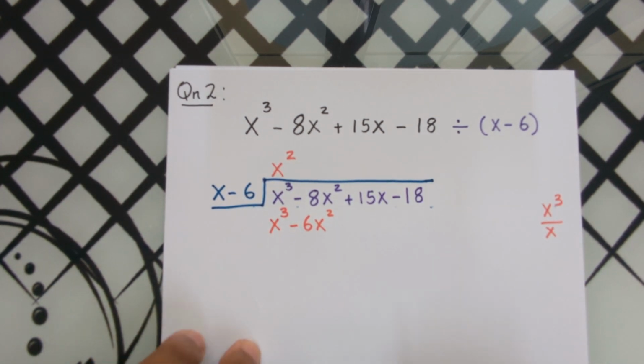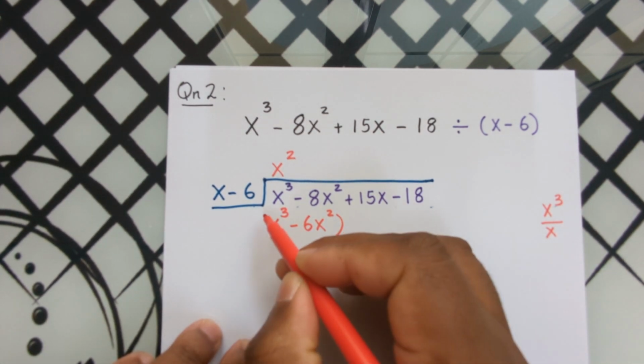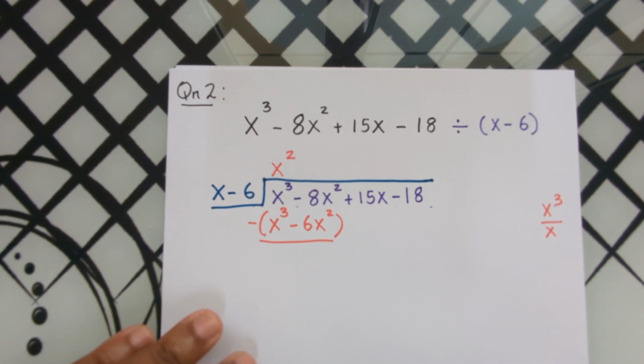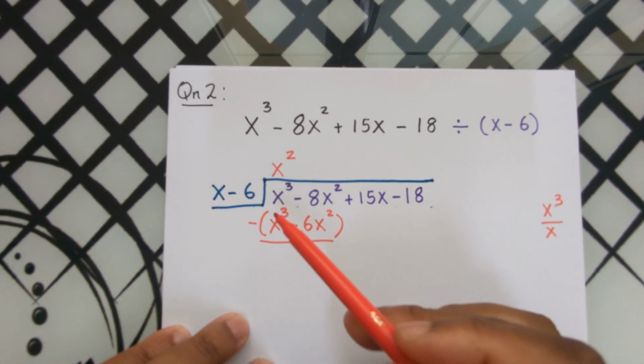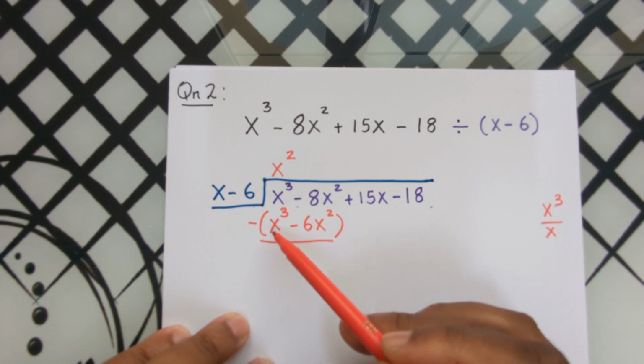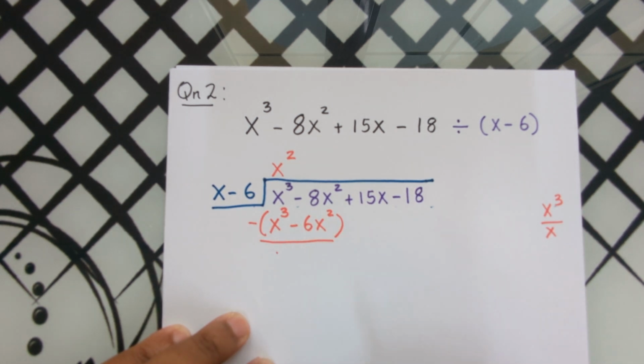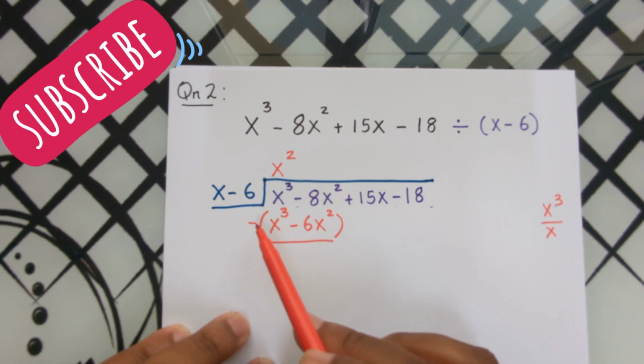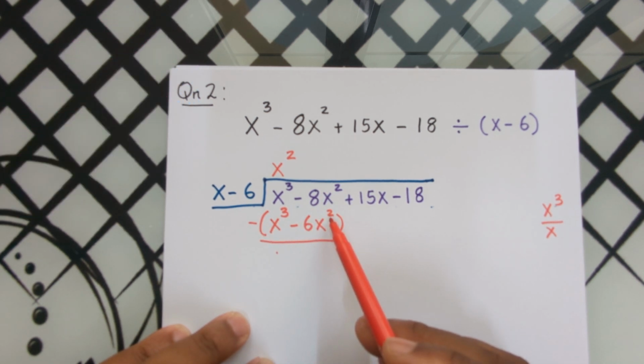The next step is to subtract. So we have to put our brackets and our subtraction sign outside of our brackets. And now let's subtract. X to the power 3 minus x to the power 3. This is a 0. We don't have to write anything. Minus 8x to the power 2 minus 6x to the power 2.